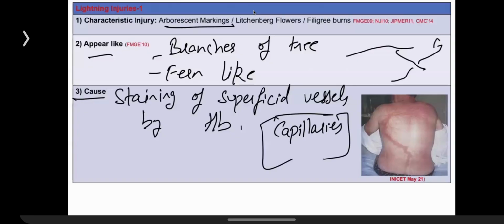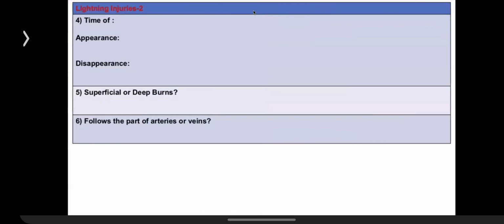So lightning injuries do not follow the path of large vessels. Marbling follows the path of large vessels; this is just in the superficial capillaries. Time of appearance: it occurs almost immediately, from immediately to 1 hour after injury.